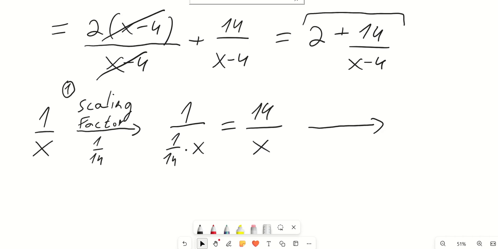Now I want to turn this x term into x minus 4. This will be a shift transformation. So shift right 4 steps. This means when I shift right, everywhere where x is written, I write x minus 4.